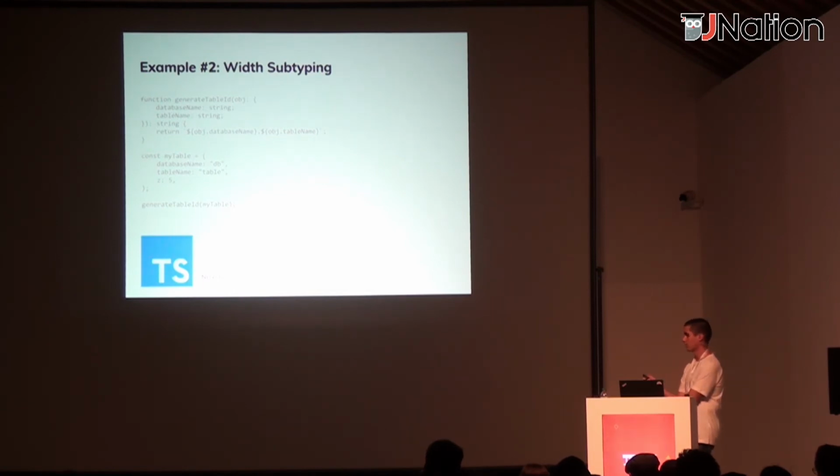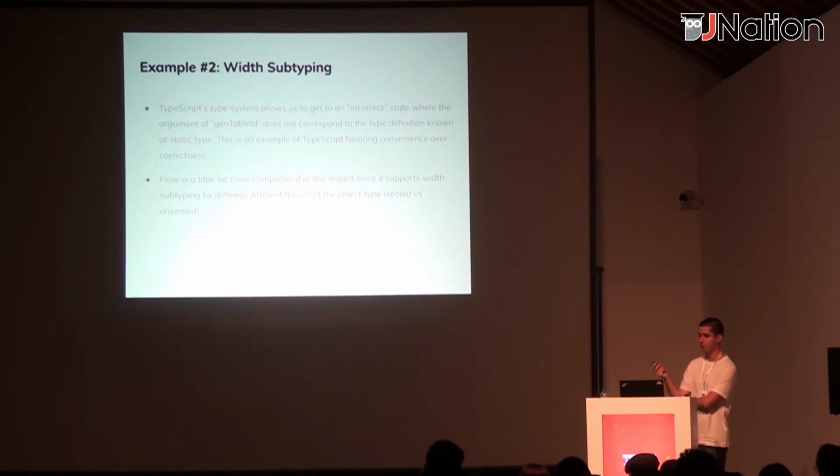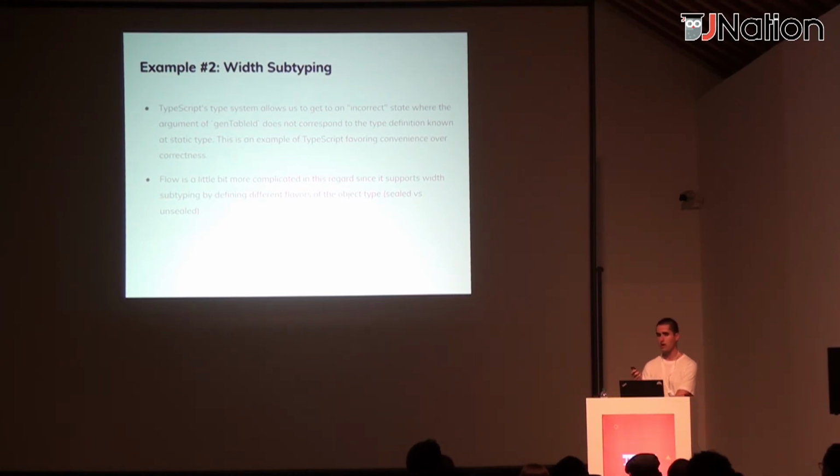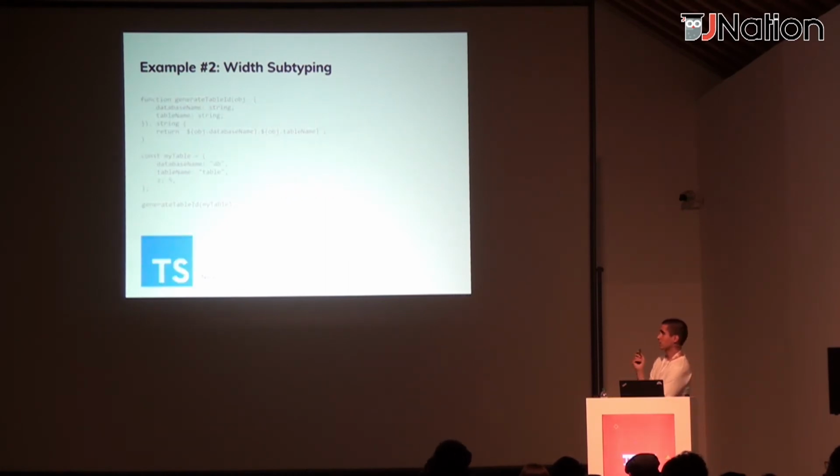This is called width subtyping, and it's actually very useful. And Flow also has it. So it's technically unsound, because on the return line up there, obj, the variable object, could actually have a value that doesn't correspond to its static type.